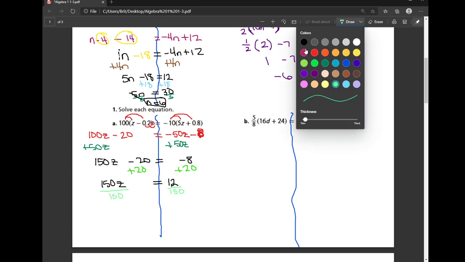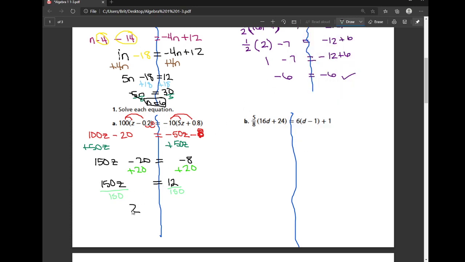So this turns into z equals 12 over, 12, not 120. Calm down, Missy. Over 150. And then I'm going to reduce that fraction.